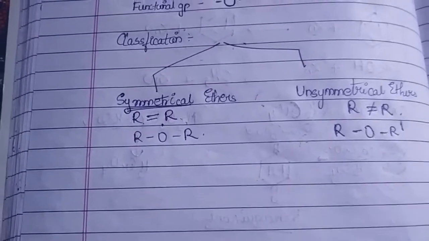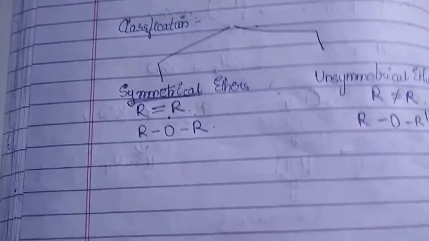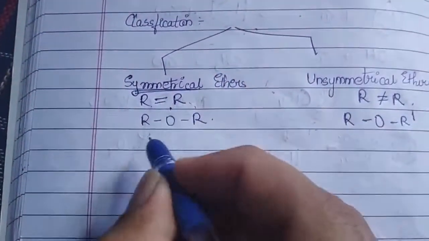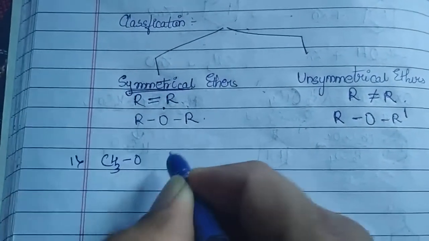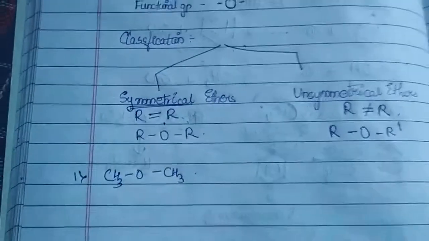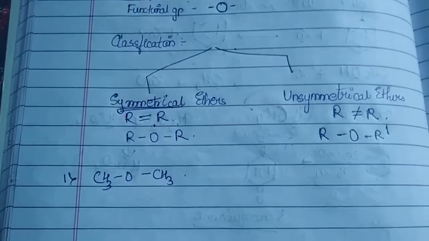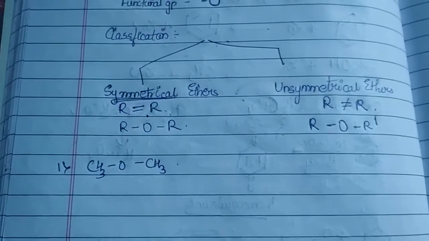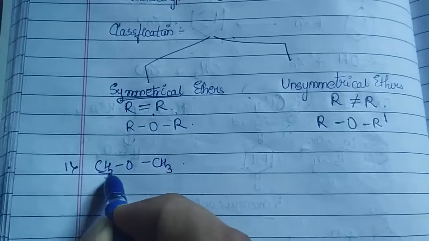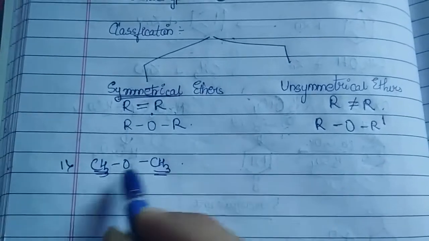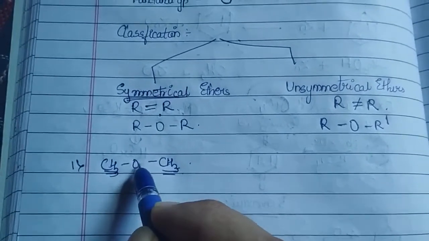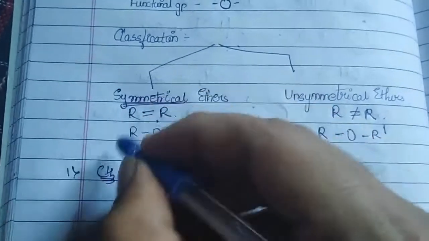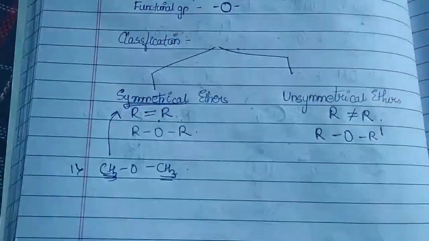First example: CH3OCH3. Will it belong to symmetrical or unsymmetrical ethers? Of course, the alkyl groups present here are both the same, so it belongs to symmetrical ethers.